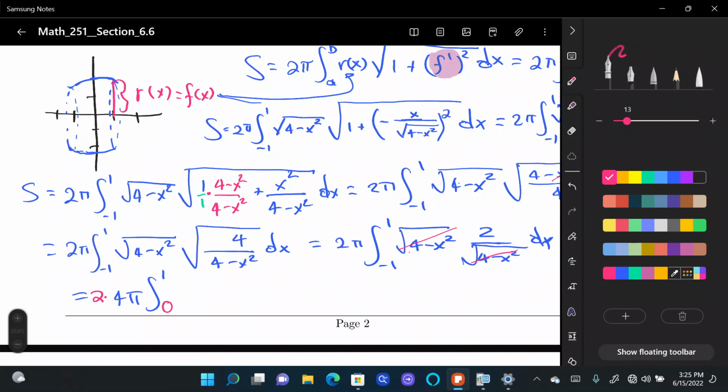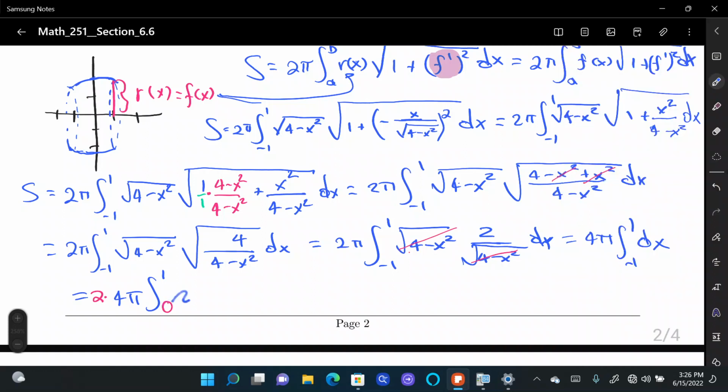Of course, if you want to leave it like this, that's fine, but that's something I prefer to do. Take advantage of that symmetry property. And well, what's the integral of dx? So that's going to be 8 pi x from 0 to 1, and 8 pi times 1 minus 0, which is 8 pi units.